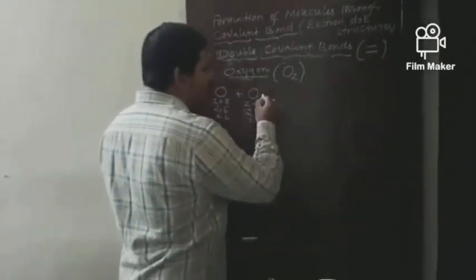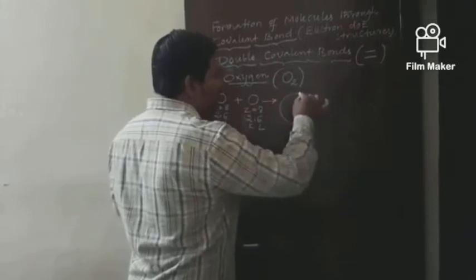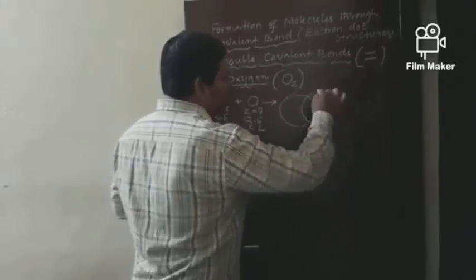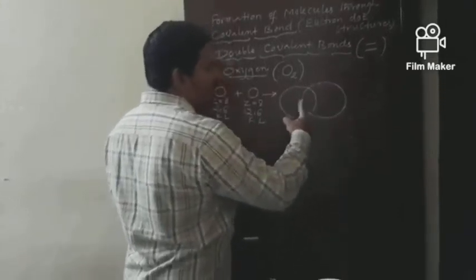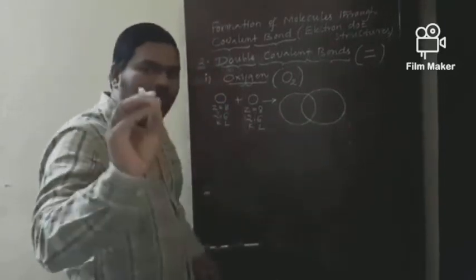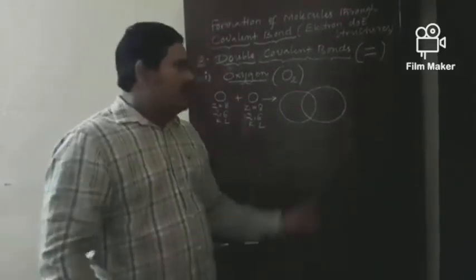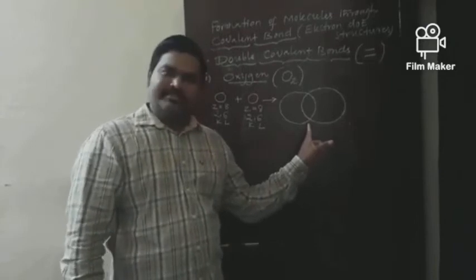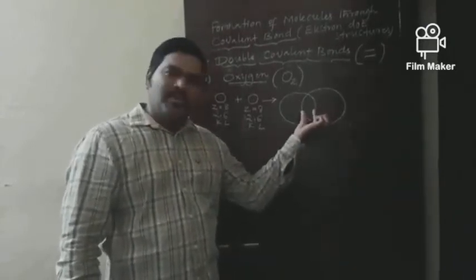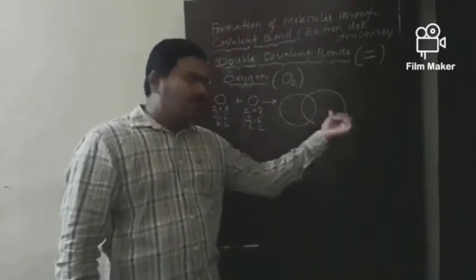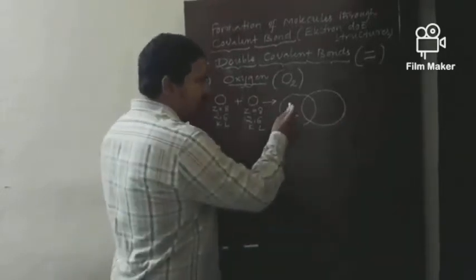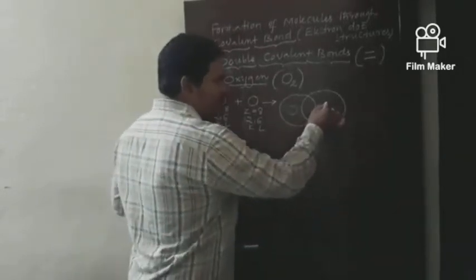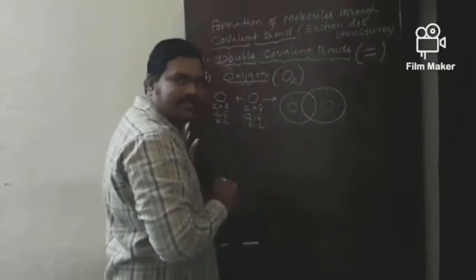At the appropriate internuclear distance, overlapping takes place and the structure is like this. And this is the common position which belongs to both the oxygens. This space is meant for the first oxygen, this space is meant for the second oxygen.